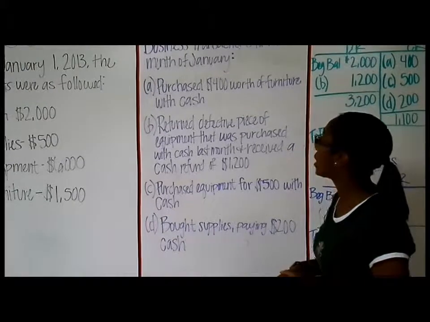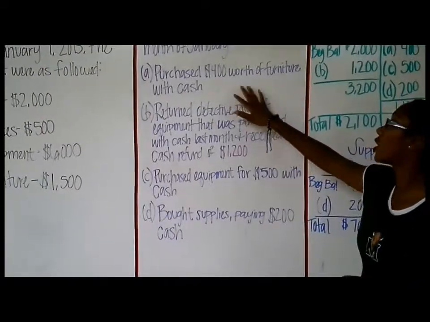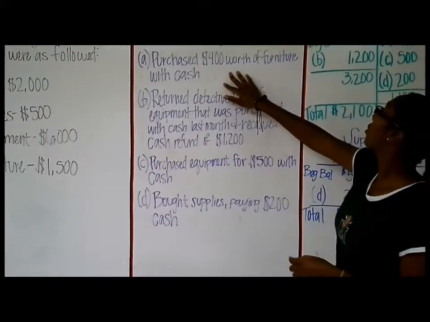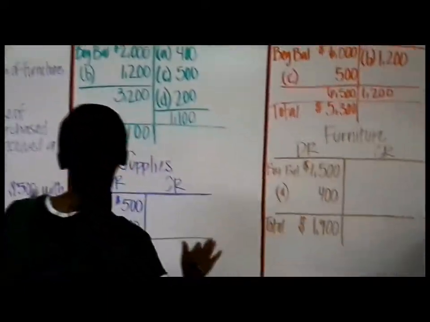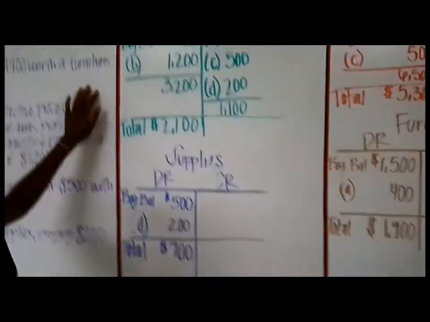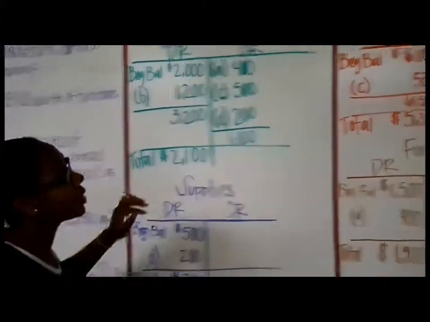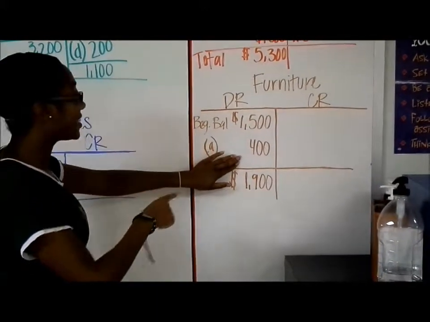So the first one is that the business purchased $400 worth of furniture with cash. So we will go to the T accounts, and because they purchased the furniture with cash, we'll do the debit first. The debit will be $400 to the furniture account.